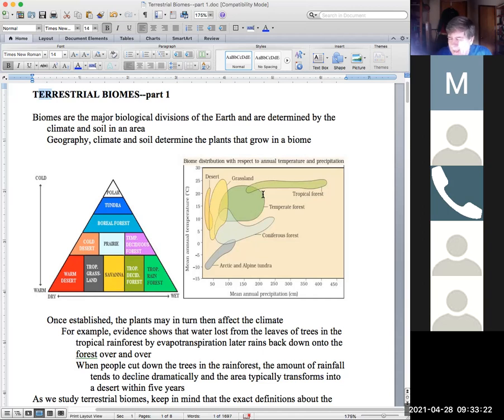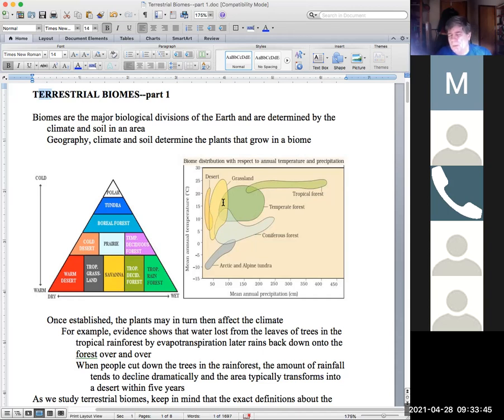How can an area where the temperature range is basically the same and the precipitation is basically the same give us two different things, like a desert or a grassland, where the desert is this darker yellow, almost orangish, and the grassland is the yellow? How can we get two different biomes in the same environment?